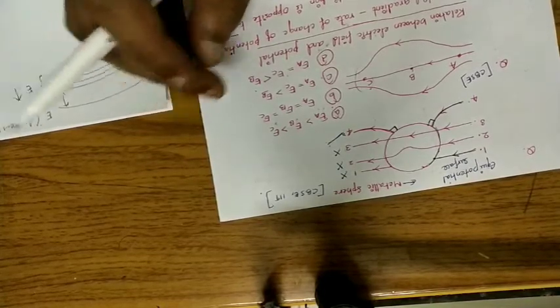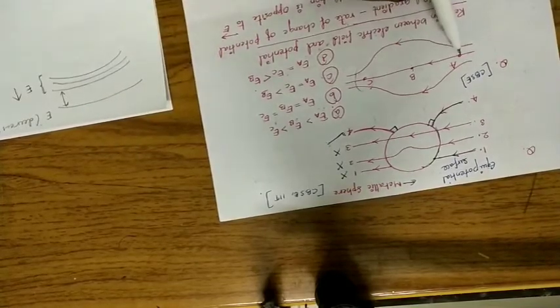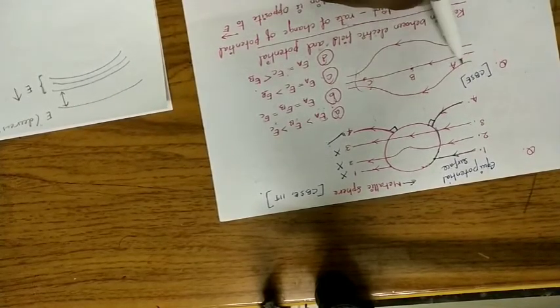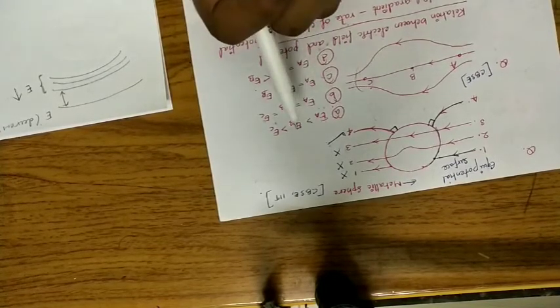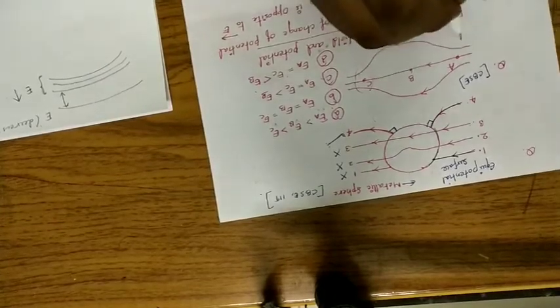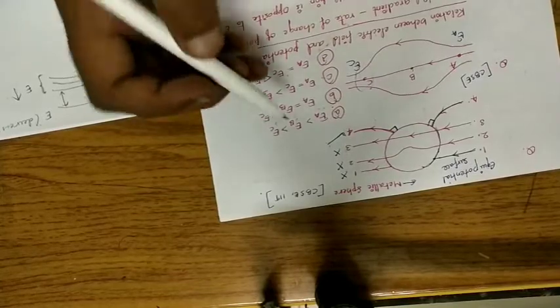So how do we answer this question? If you see points A and C, the spacing between the lines is the same. So it gives a hint that EA and EC both need to be equal.